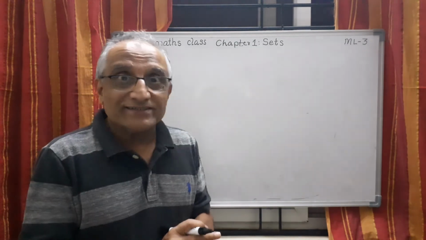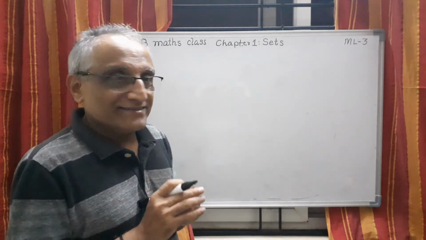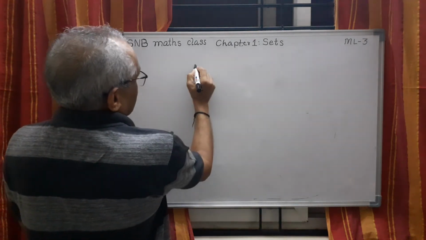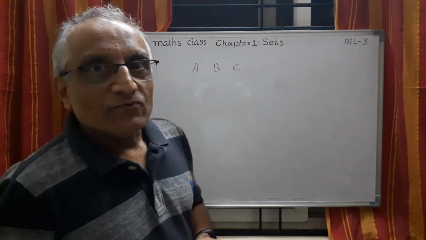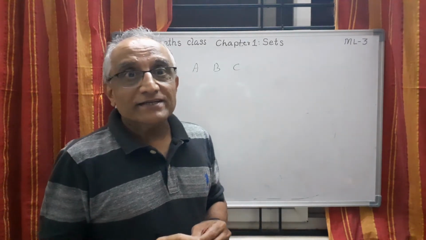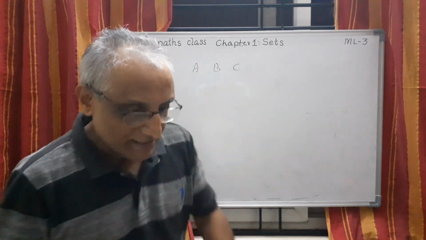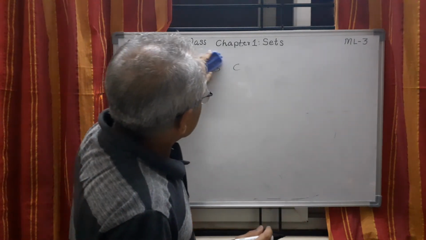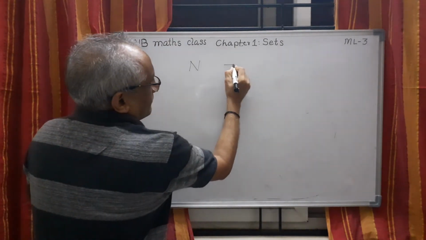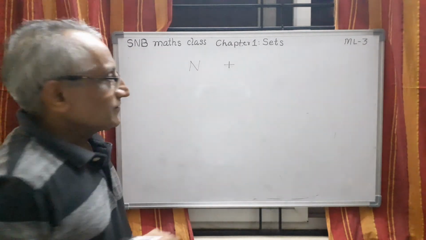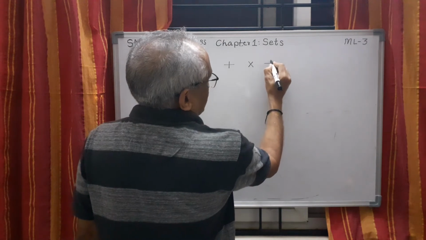Next we have to play the game. Actually the game is this: you take different sets, say A, B, C etc., any number of sets. We can perform operations on these sets. You have seen, in case of natural numbers N, we can perform addition and multiplication.